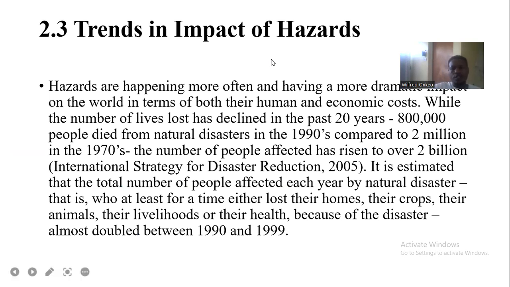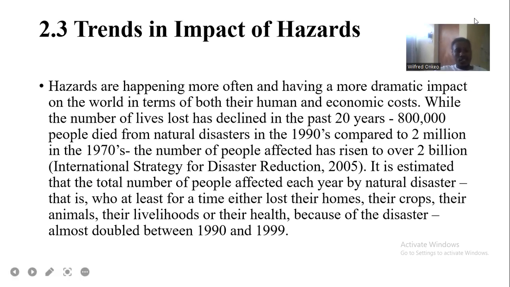Let's go to the trend in impact of hazards. We can consider so many trends, but hazards are happening more often and have a more dramatic impact on the world in terms of both their human and economic costs.